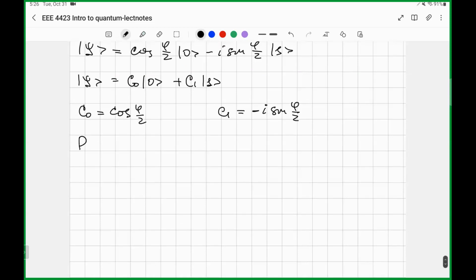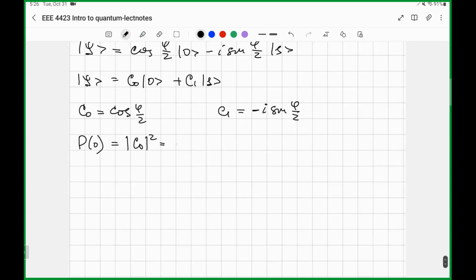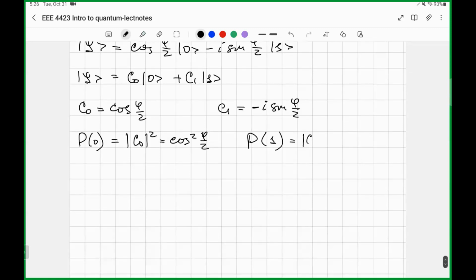So the probability of finding 0 in the output, which is given by the absolute value squared of the coefficient C0, is equal to cosine squared phi over 2. On the other hand, the probability of finding the state 1 after the measurement of the circuit in the output is given by absolute value C1 squared, which is exactly sine squared phi over 2.